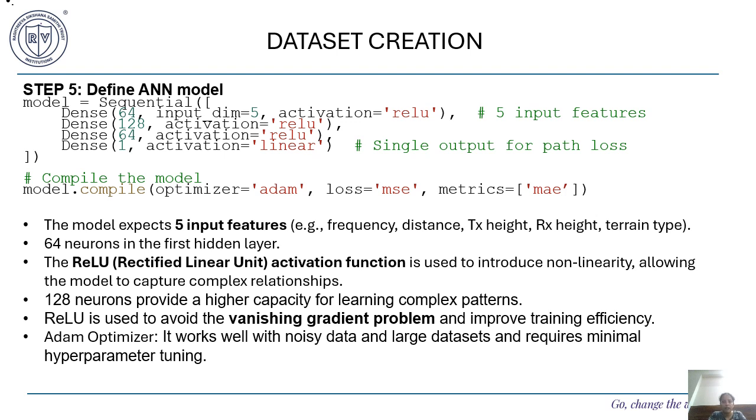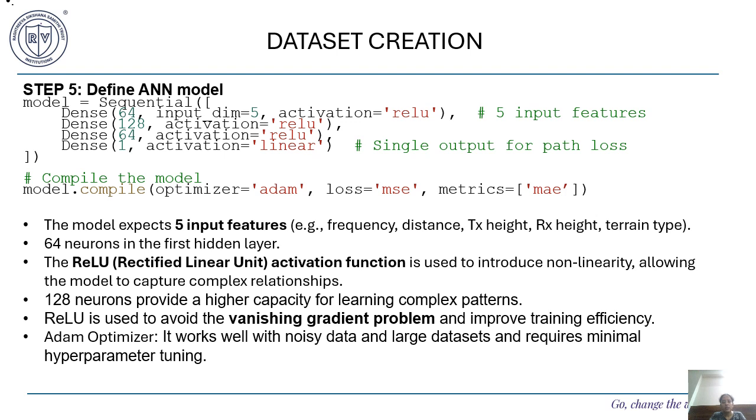The neurons that we have taken are 64 in the first layer, 128 in the second layer, again 64 in the third layer, and then the final output layer has a single neuron for a single path loss calculation. So this entire process of 64, 128, 64, and 1 output goes through this batch of 32 fifty times. So we compile the model.